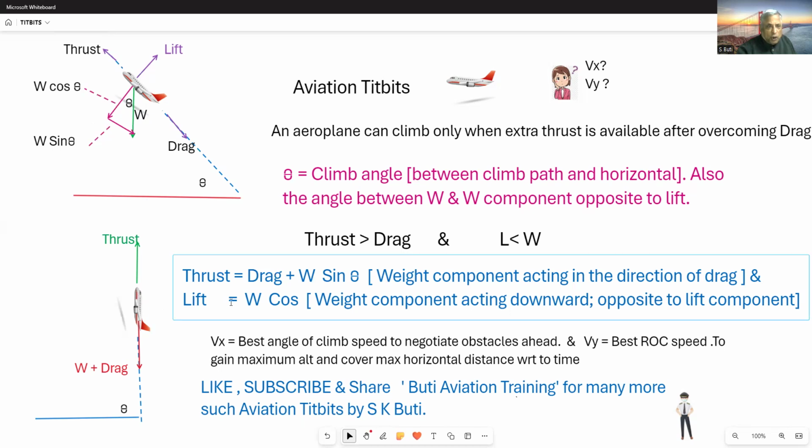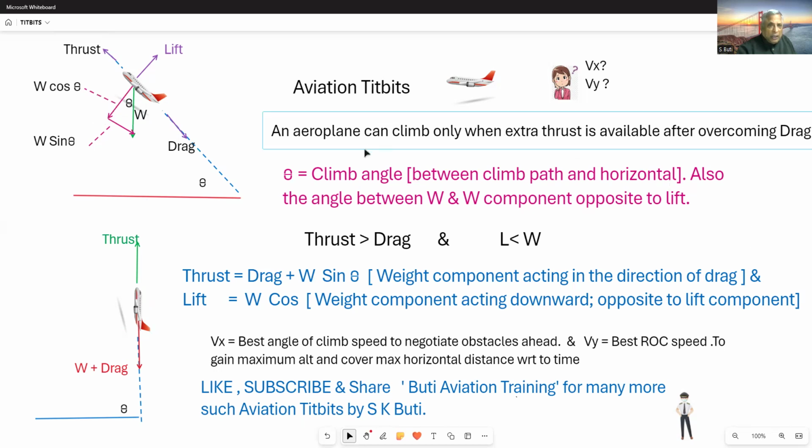And the lift requirement is W cos theta. This is theta, which is the weight component acting downward, opposite to the lift component. Now, the aircraft can climb only when it has extra thrust available after overcoming the drag. That extra thrust is utilized for climbing.